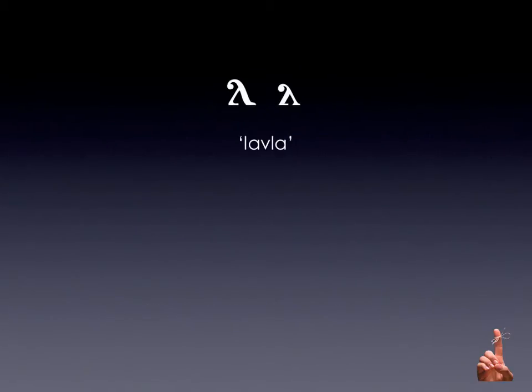The lavla is the equivalent of the letter L in English, and it makes an L sound, as in lamb. This is the lavla. This letter will be familiar to us for those who have taken geometry or algebra or any math classes. This is the letter P in Coptic.